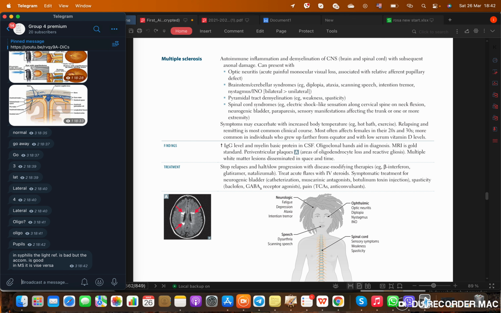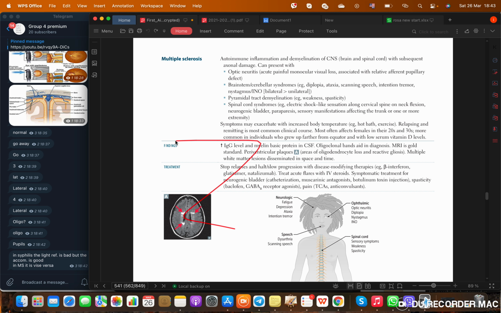The patient will sound robotic. Yes, exactly. You see, he becomes kind of robotic. And intention tremor, remember the zigzagging form of a tremor, right? If you tell him to touch your finger, he will be zigzagging until he touches it. Nystagmus of the eye. And INO.